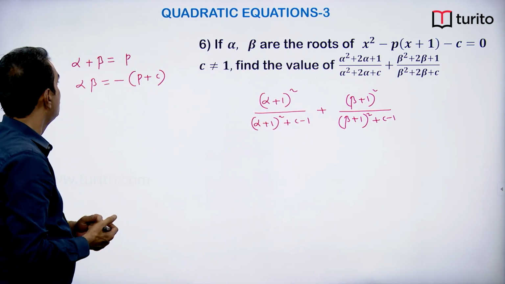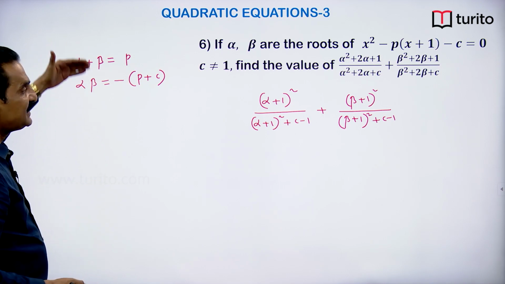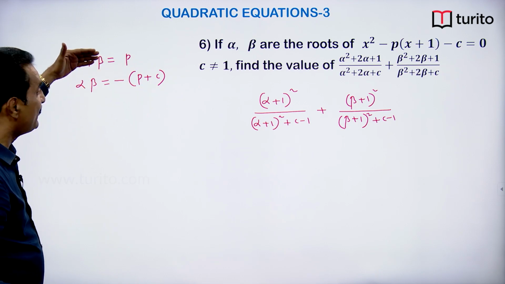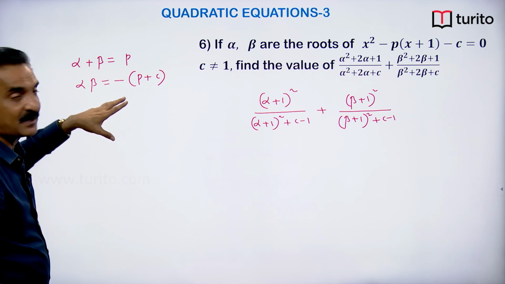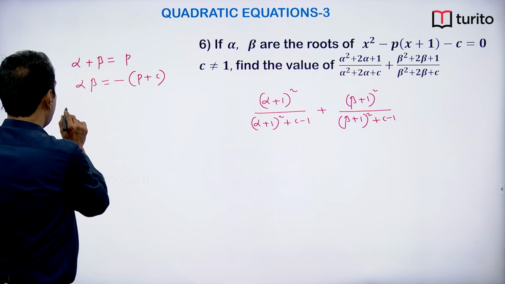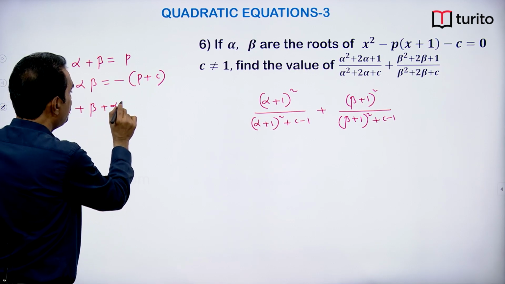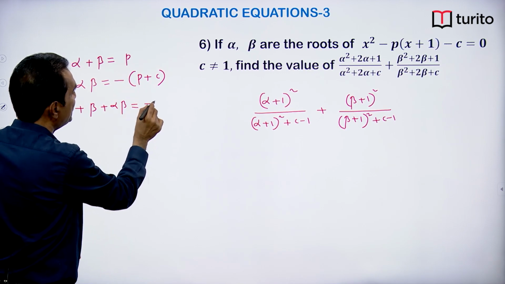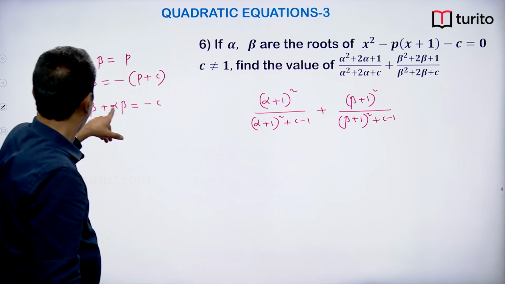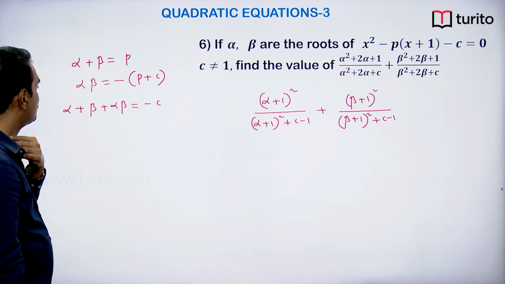Okay. Now what to do? If I add these two, I want to get rid of c. So I will find c in terms of alpha and beta. How can I find c in terms of alpha and beta? By adding these two, alpha plus beta plus alpha beta is equal to how much? Adding them, minus c. I want c minus 1. For getting c minus 1, what we will do?